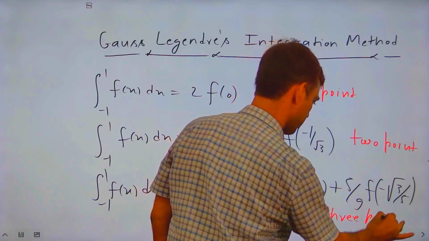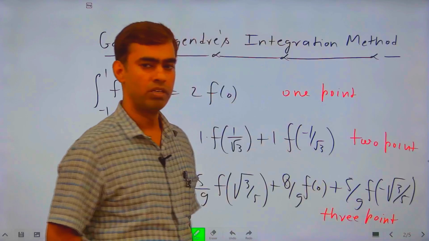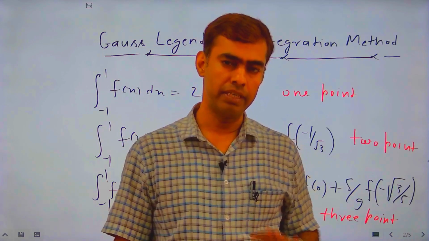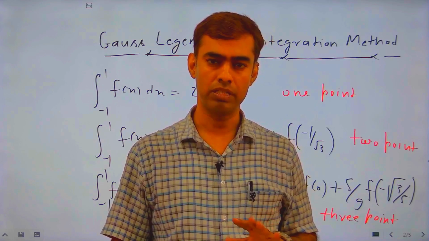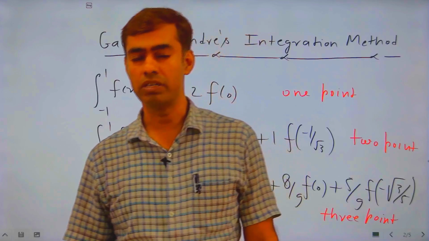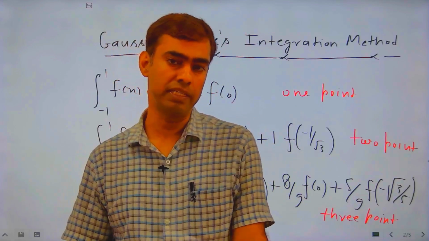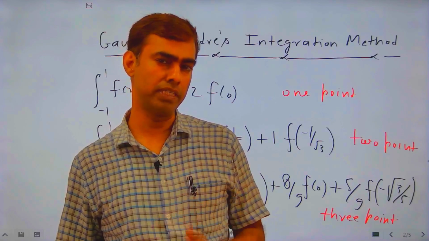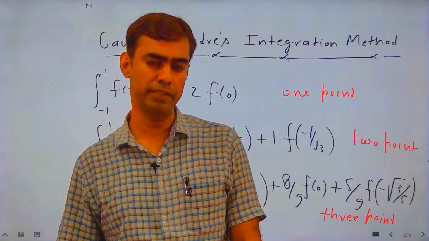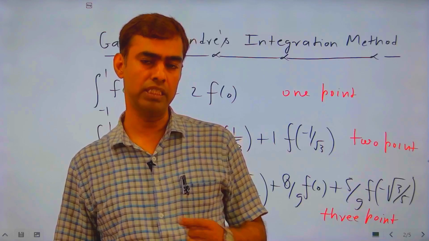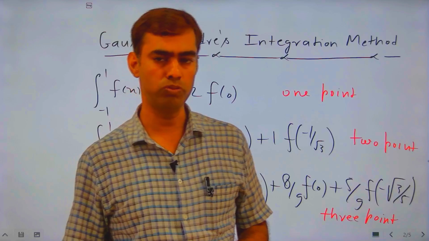So, what is the summary of this lecture? In this lecture, we derived the Gauss-Legendre method, meaning we defined the Gauss quadrature general form of numerical integration. Then we convert the general form of integration into a Gaussian form by using x equal to (b minus a) by 2 times t plus (b plus a) by 2.